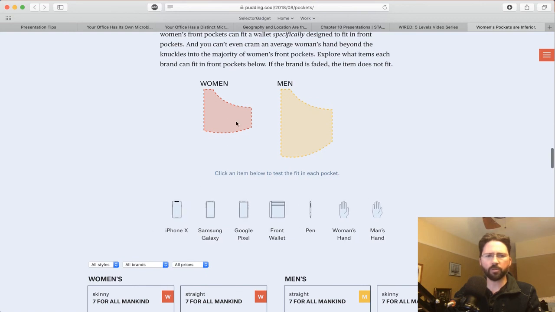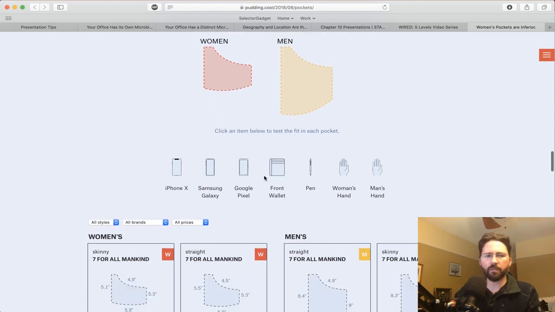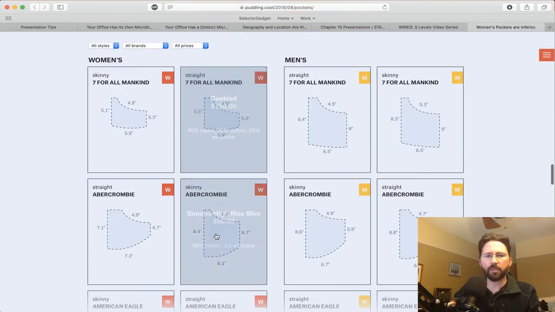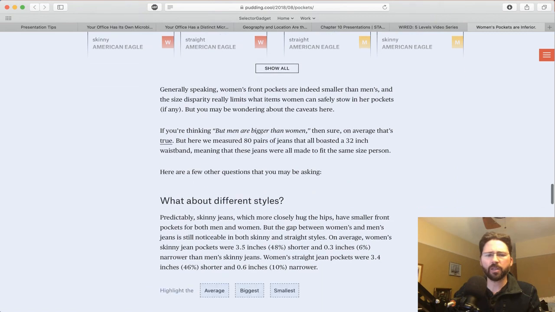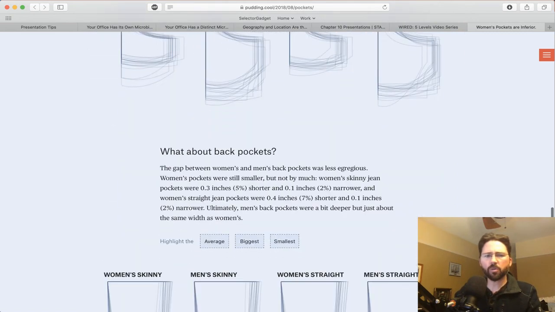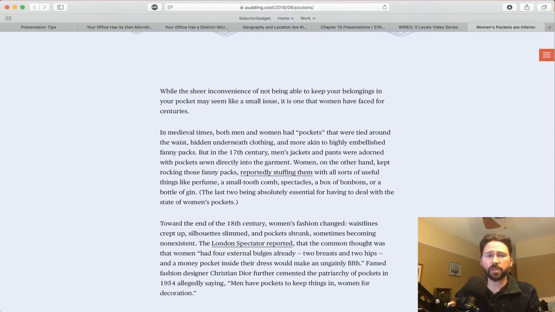At one point you were able to. Anyway, you can go ahead and try to put things in these pockets. They go through different brands, so they go into a lot of different things. All right, so that's a lot of detailed results.